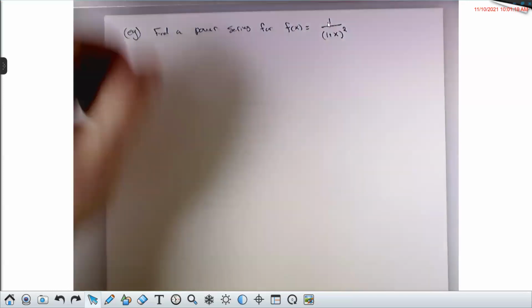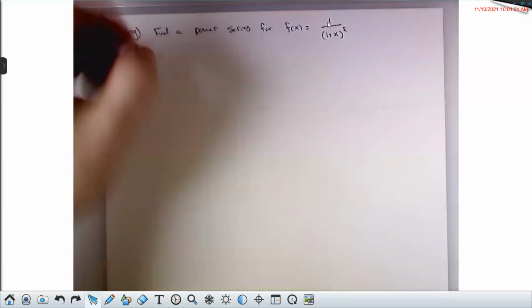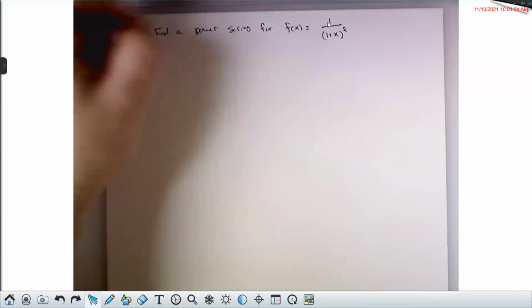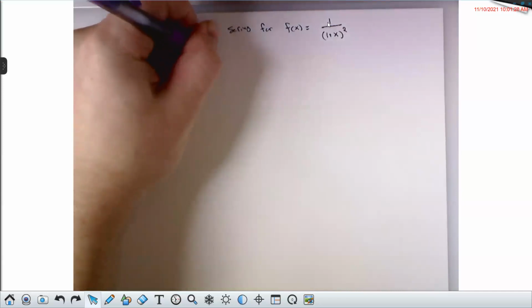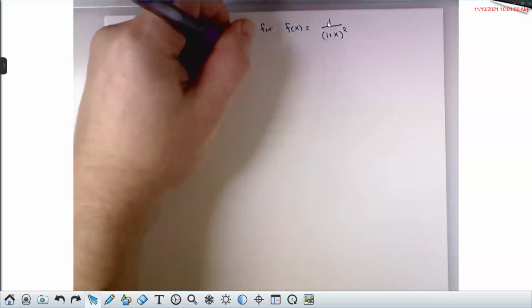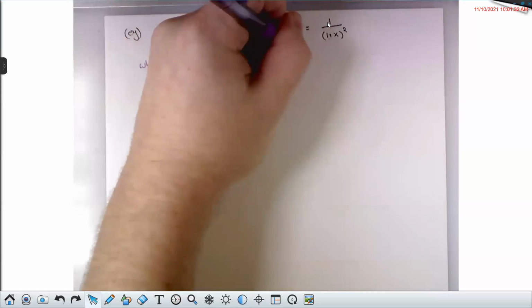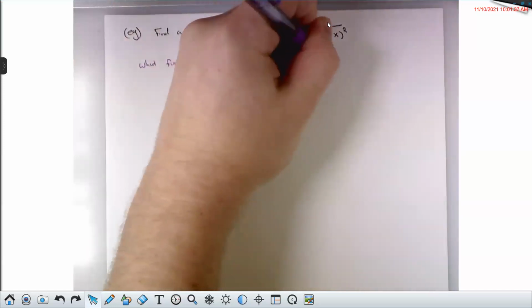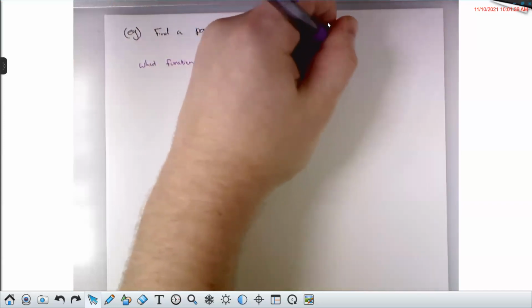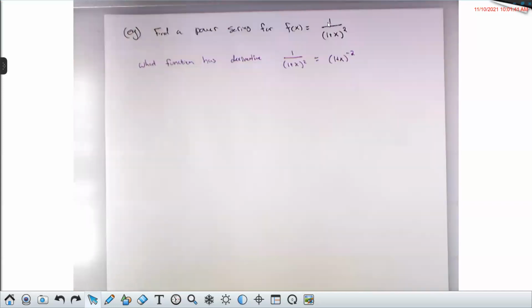So what I would do is I'm going to ask myself the question, what function has derivative 1 over 1 plus x squared, which is the same as 1 plus x to the negative 2.